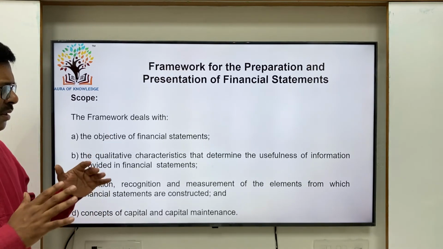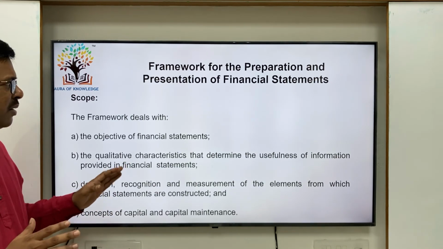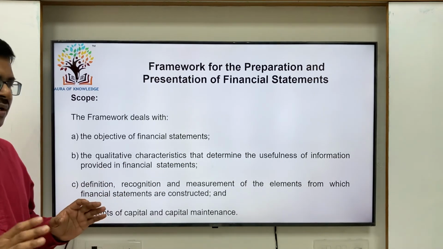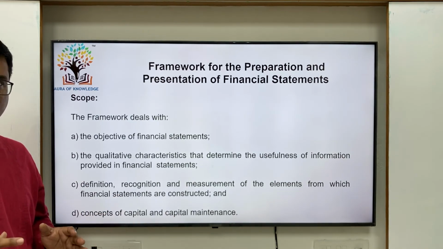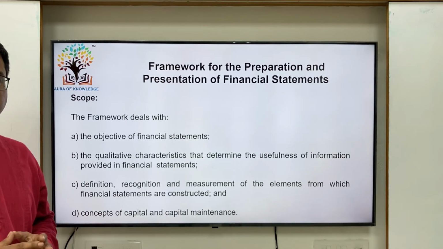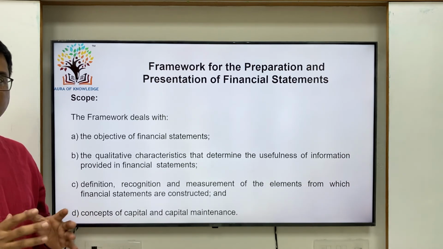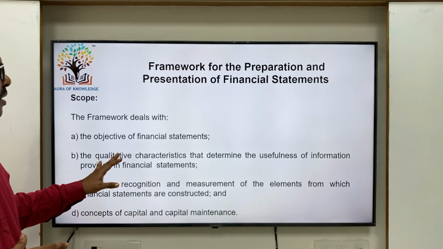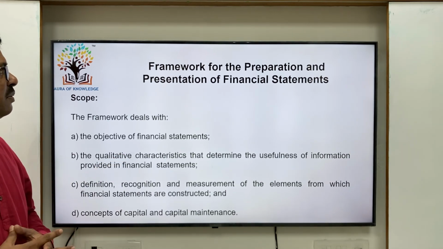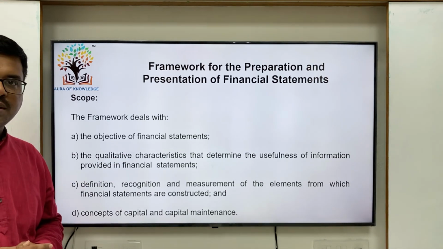This is a very detailed framework. Whatever I have told right now is the gist of the framework, and these particular aspects have been covered in detail. Please go through it, and this is very important for a person who is preparing and presenting the financials. This is the framework for the preparation and presentation of financial statements. Thank you.